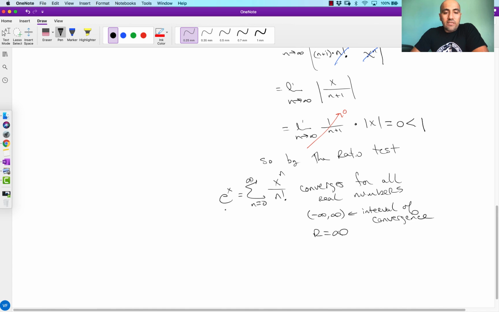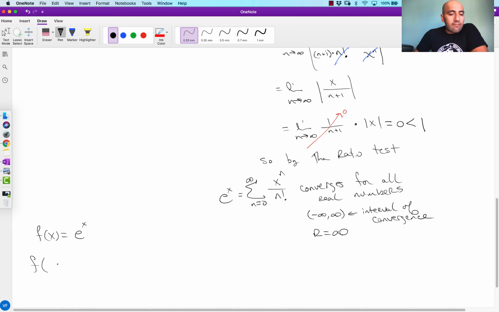That's what we've established. e to the x is a function. We can write it this way: f of x equals e to the x power. This is a function. We can evaluate this. We can plug in values and get a value. So for example, let's say x equals 3.